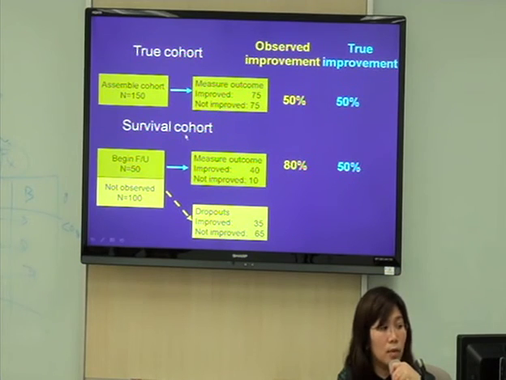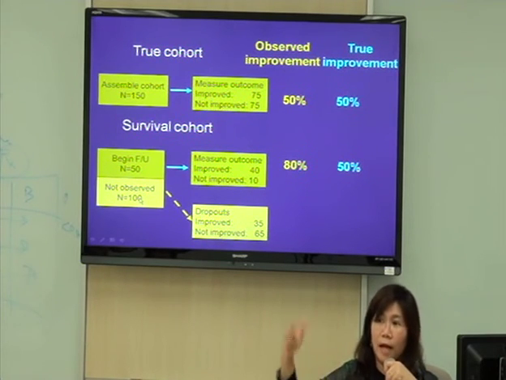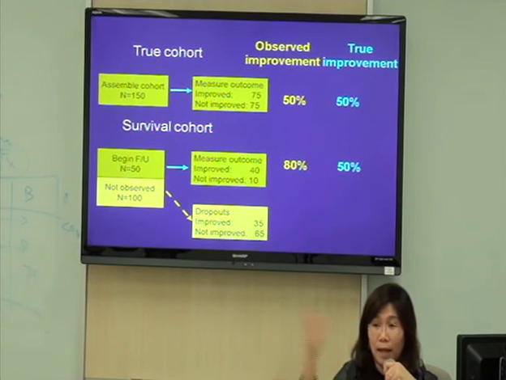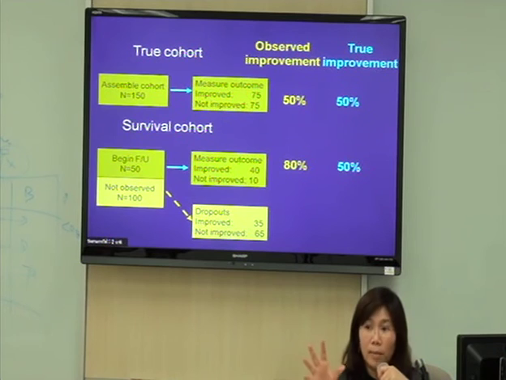But in a survivor cohort, we have 150, but we have a lot of subjects not observed because we cannot find their medical record. It's out of our banking already. The medical records of 100 are not available right now.